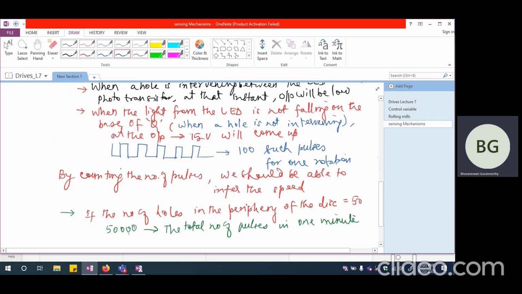Then we can say 50,000 divided by 50 is equal to 1,000. So I can say 1,000 revolutions per minute is the speed of the shaft.